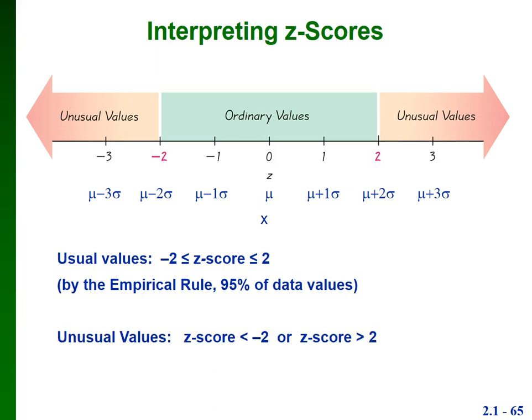The unusual values are the ones that are outside of that range, so they have a z-score that's less than -2 or that's greater than 2. And again, this is because the empirical rule says that approximately 5% of the data values are on these two ends of the graph. So we have 2.5% on the left end and 2.5% on the right end.